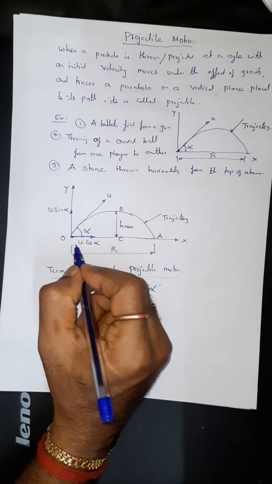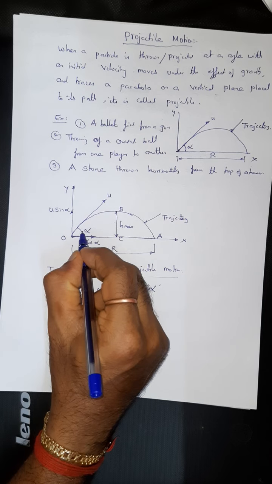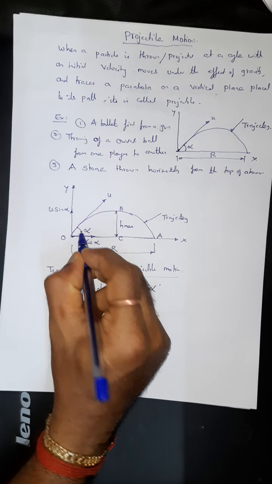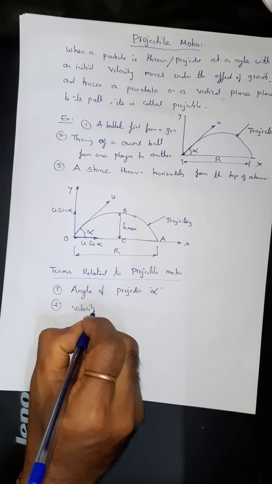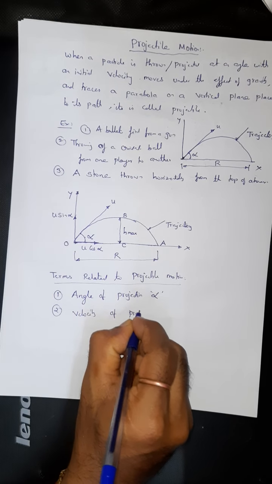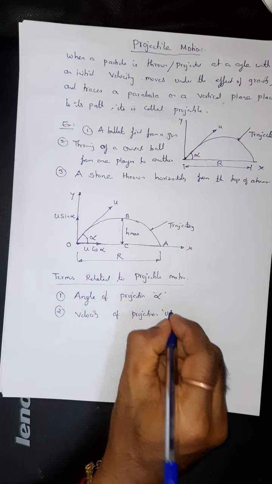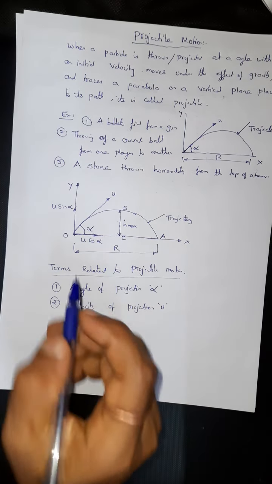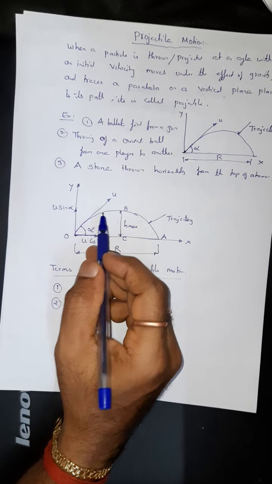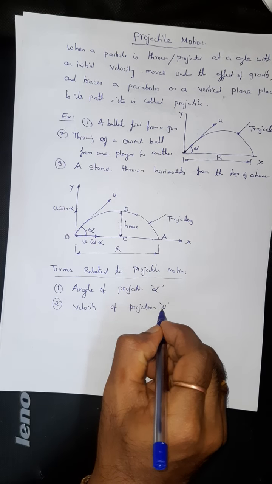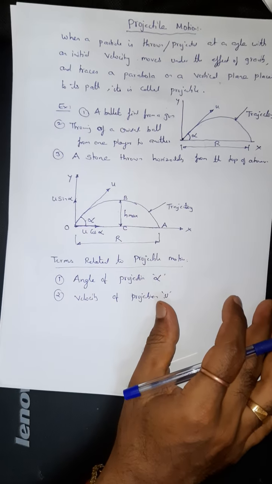Second, the velocity of projection, denoted as small u. The velocity with which a projectile is projected into space is called the velocity of projection.